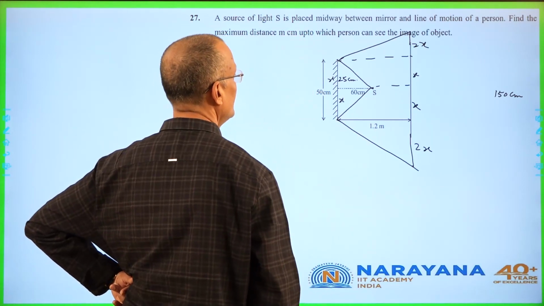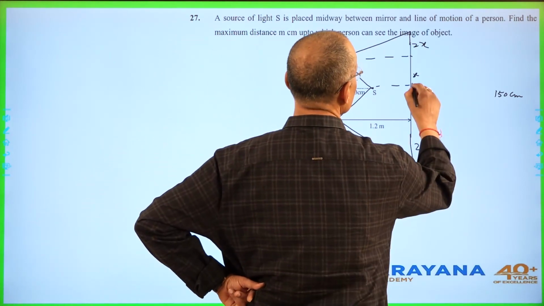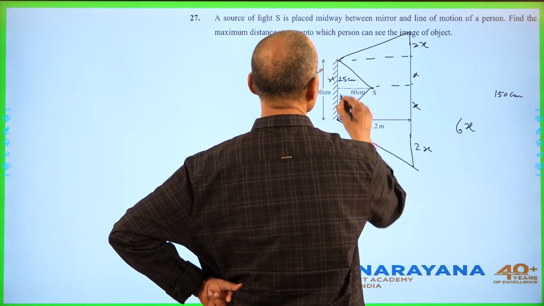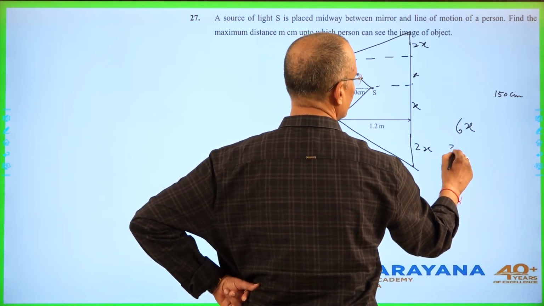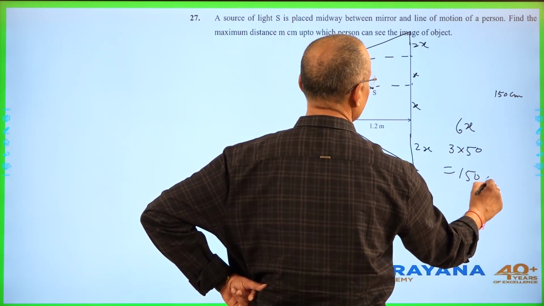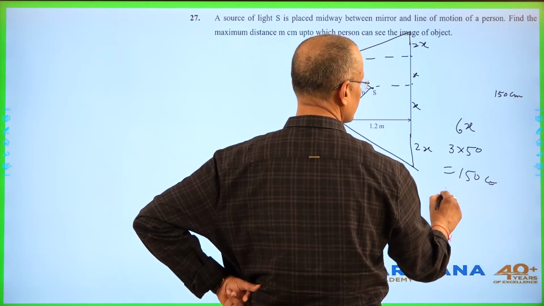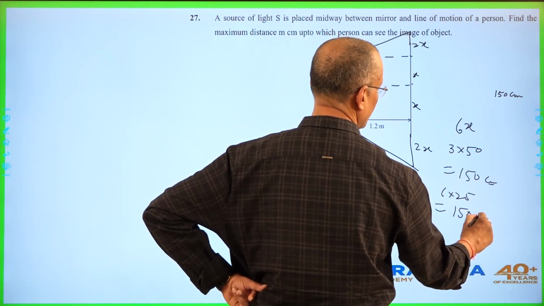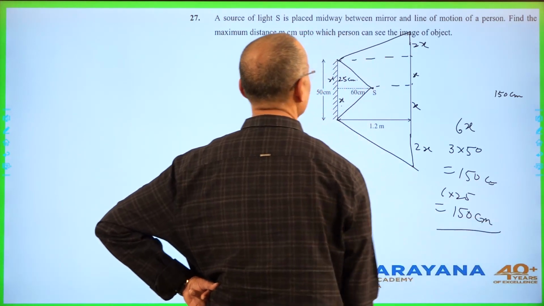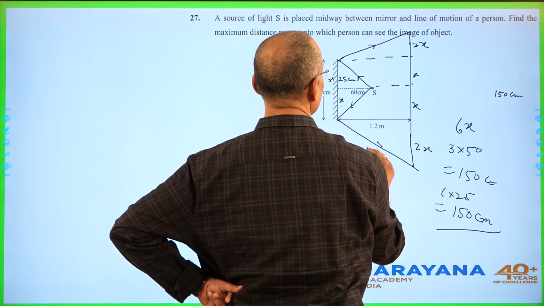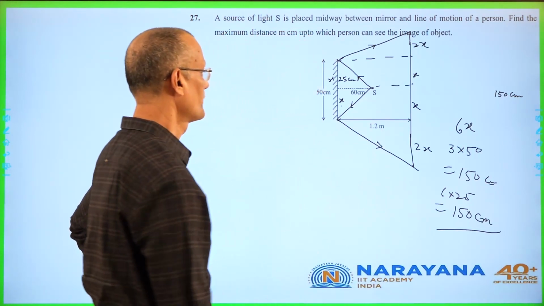And 2x, 2x, 2x, this will become 6x. 2x is 50 centimeter, so 3 into 50, 150 centimeter. Or simply say 6 into 25, 150 centimeter. Simple ray diagram if you draw, you are going to get the answer.